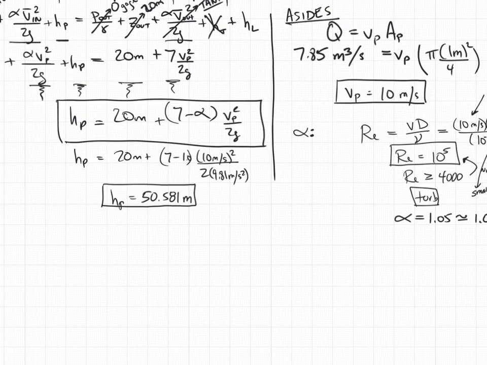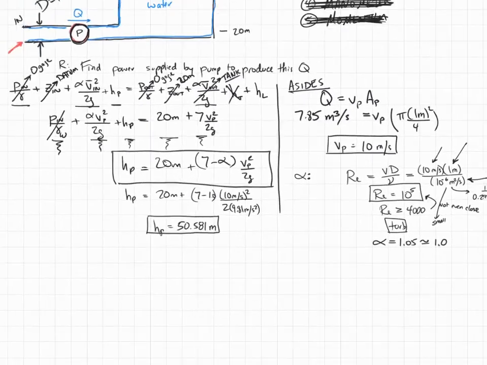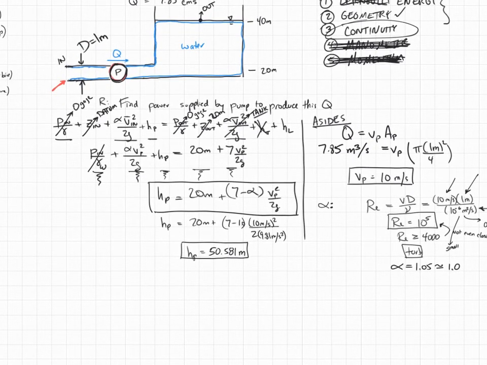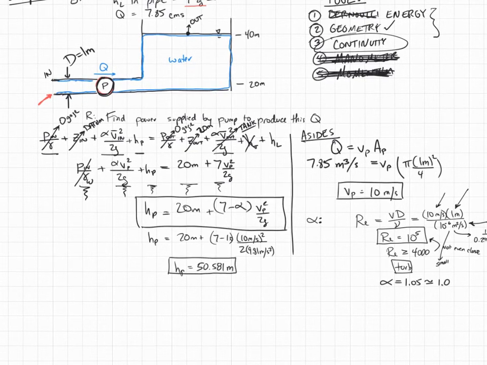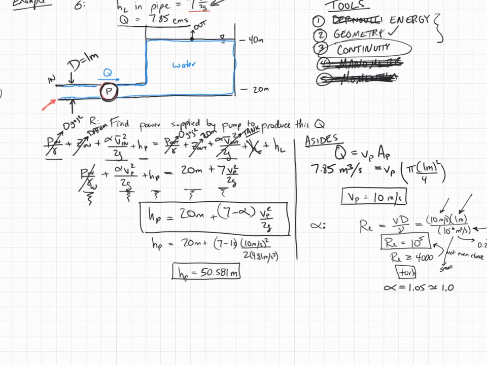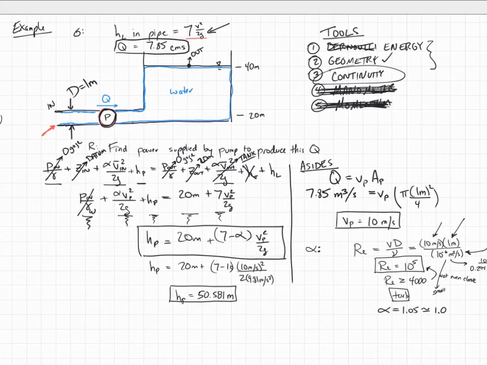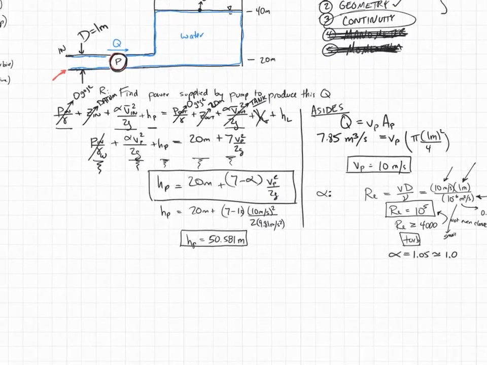Normally, however, in this case, this is enough pressure from the pump to maintain this flow rate of 7.85 cubic meters per second, with this head loss in the pipe, and raising it 20 meters.